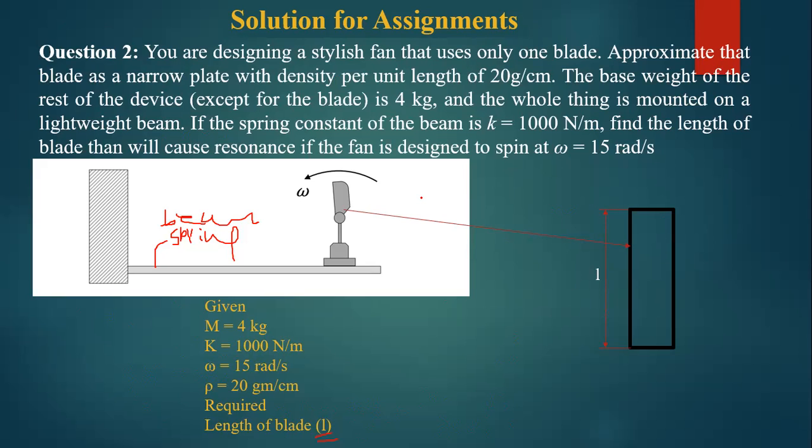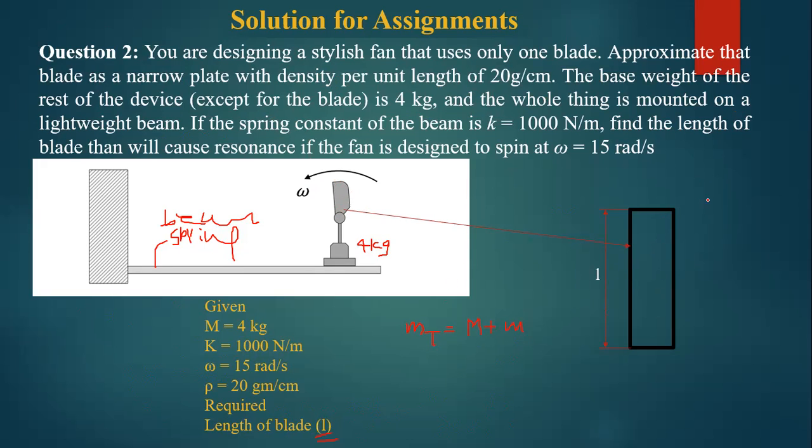In order to calculate this, we have this relation: total mass M total is equal to the mass of the whole system plus the mass of the blade itself. The total assembly of the system is 4 kg. Now the blade mass is also there. This blade mass M is calculated from the given property, the density per unit length.